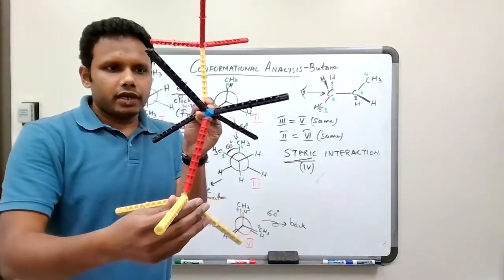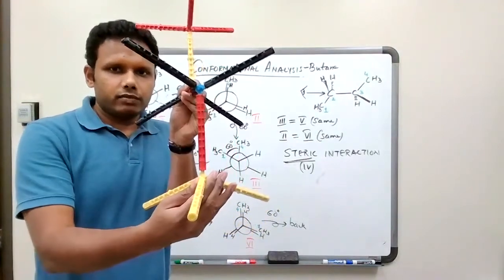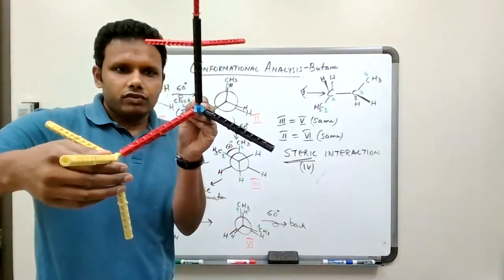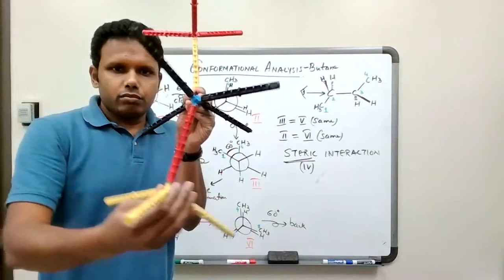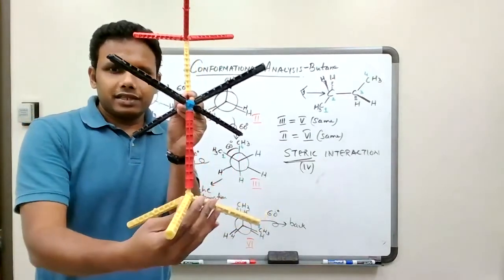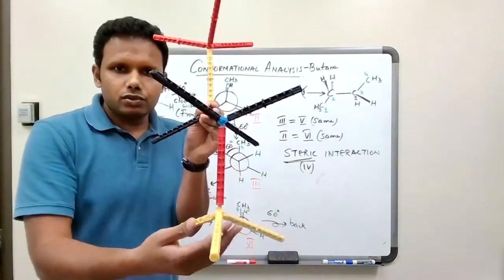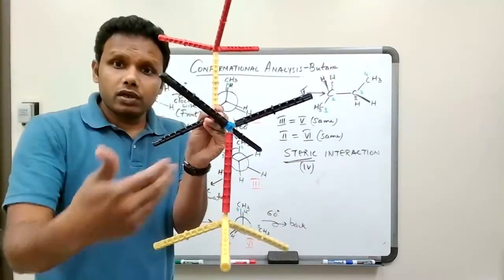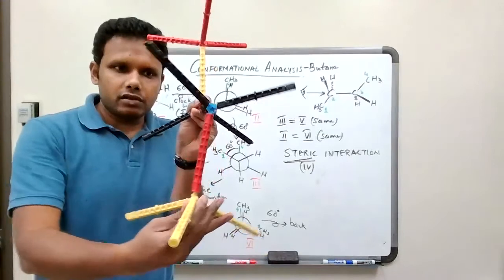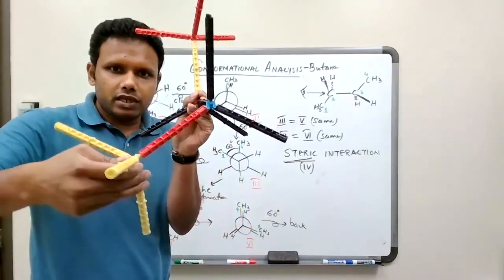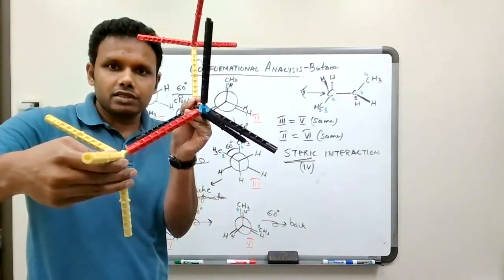And so as it is rotating, it is going from a stable conformation to an eclipse conformation, which is less stable. So the molecule would have a hesitation to rotate. It has to overcome an energy barrier here, because this is low energy, and as it goes to the eclipse conformation, you're going to something that's high energy.